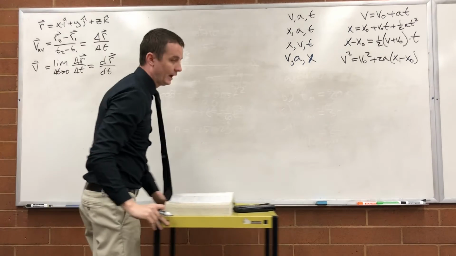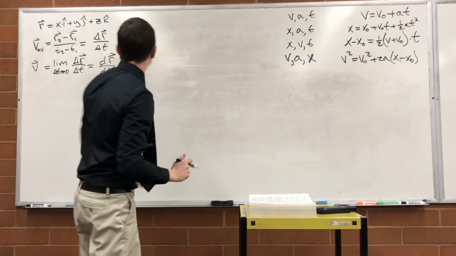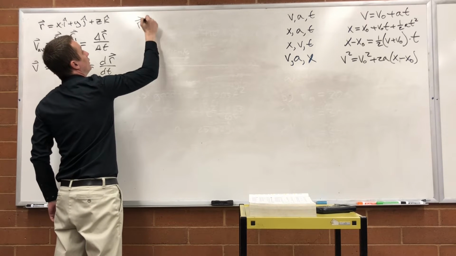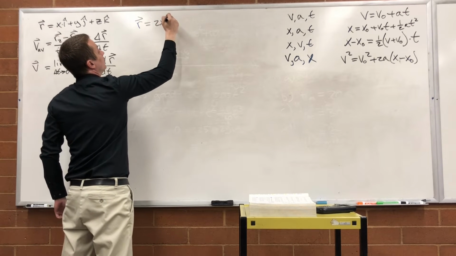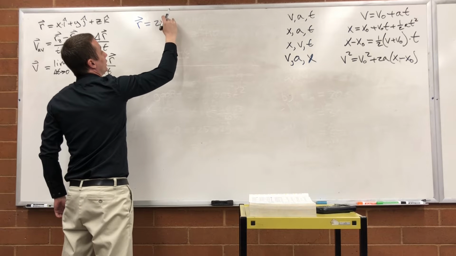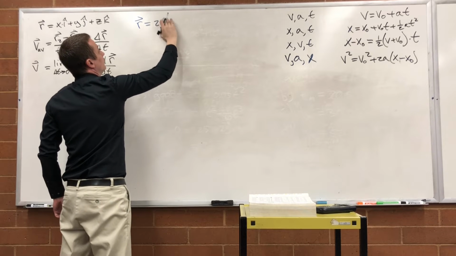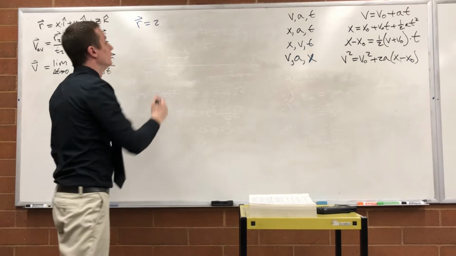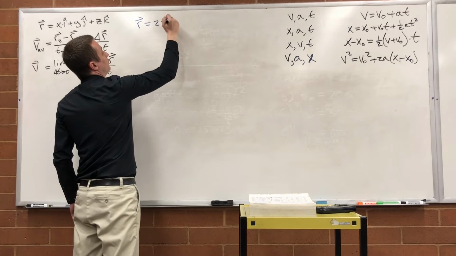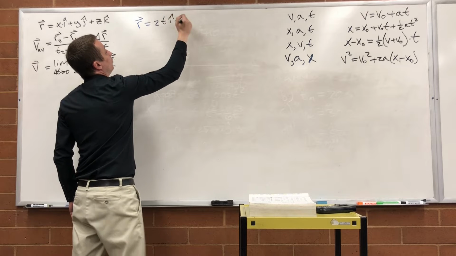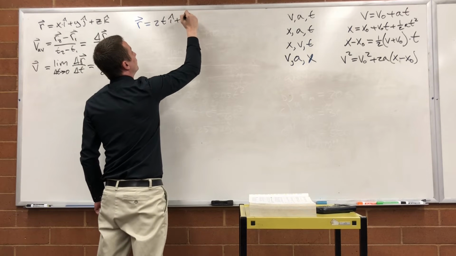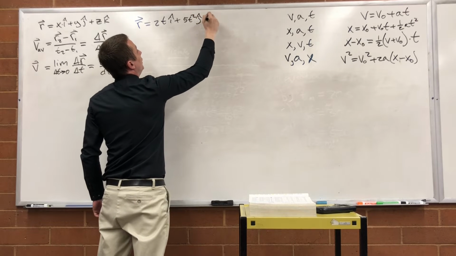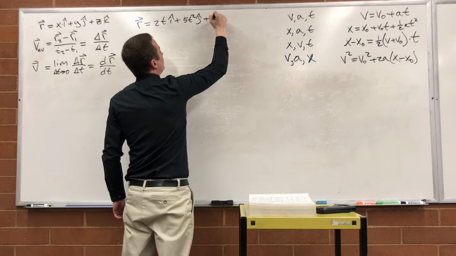So a quick recap on how you take the derivative of a vector. Your position vector might look something like this: your position is determined by time, so maybe your x position is 2t, your y position is 5t squared, and your z position is just 10.